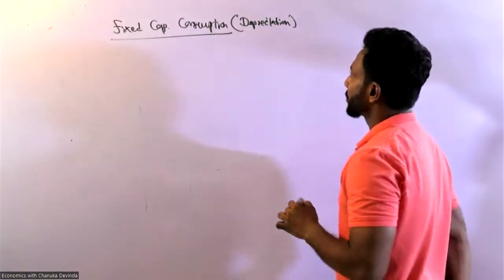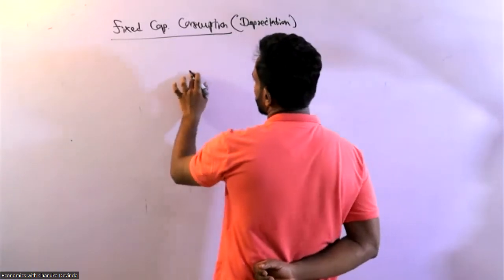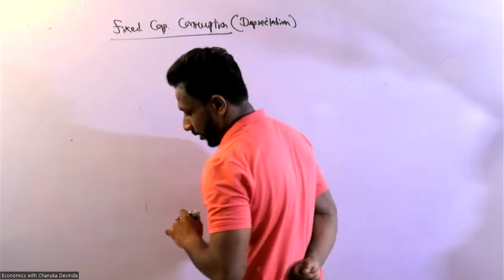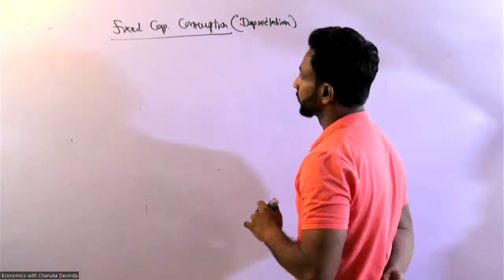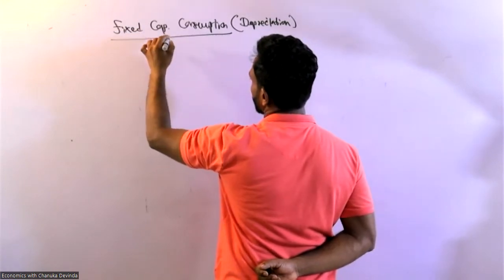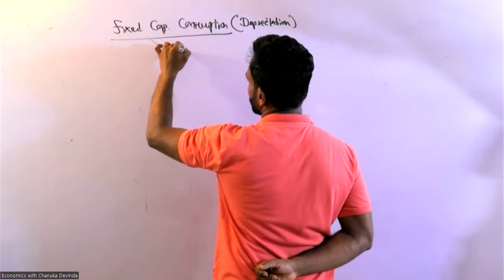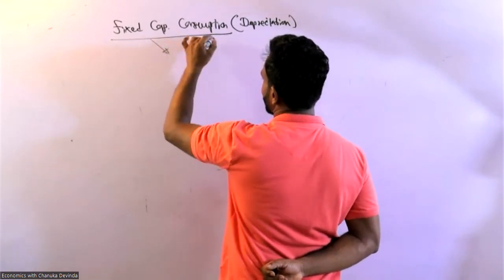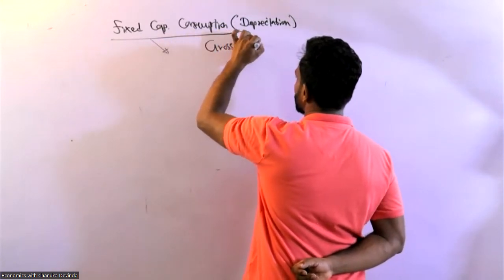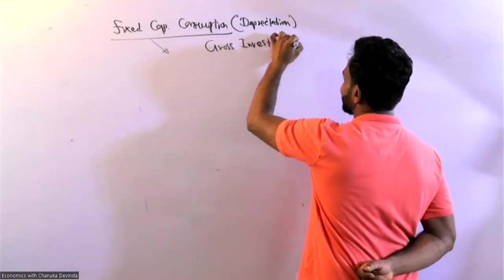And we call it national accounting. Fixed capital or national accounting or minimum part. Gross investment is there. National accounting, gross investment is there.